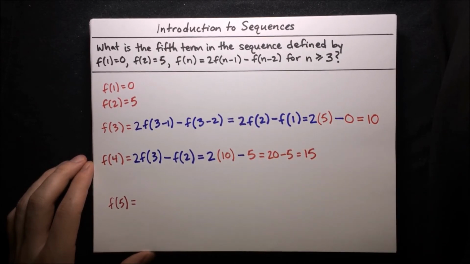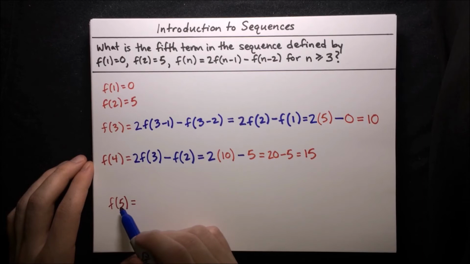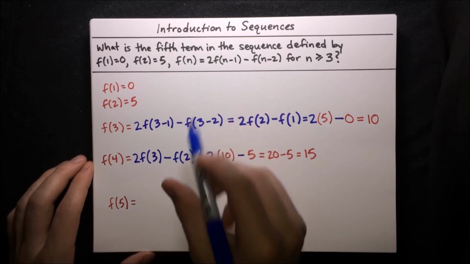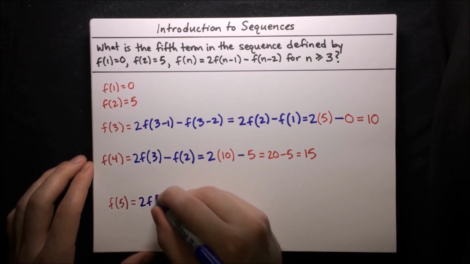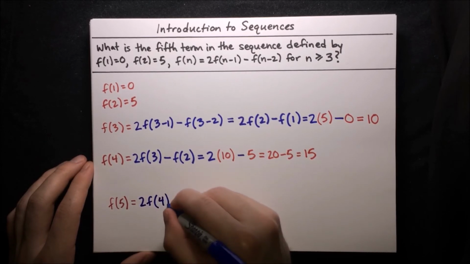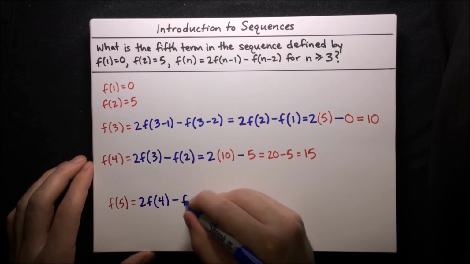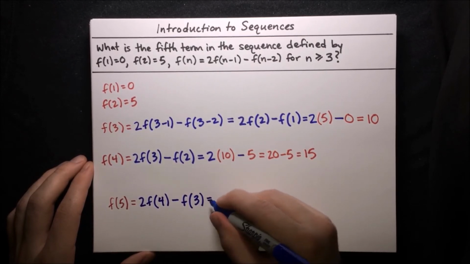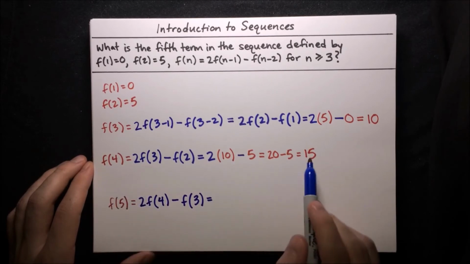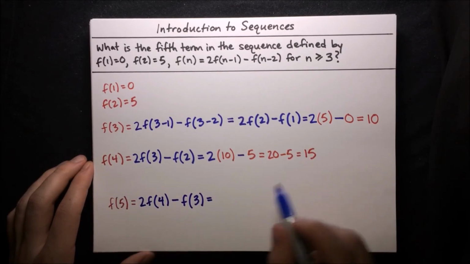We just go through this process one more time to find f of 5. So plug in n equals 5 into this formula, get f of 5 is equal to 2 times f of 5 minus 1, so times f of 4, and then minus f of 5 minus 2, so minus f of 3. And that's equal to, we just grab that f of 4 is 15, and f of 3 is 10, plug them in.